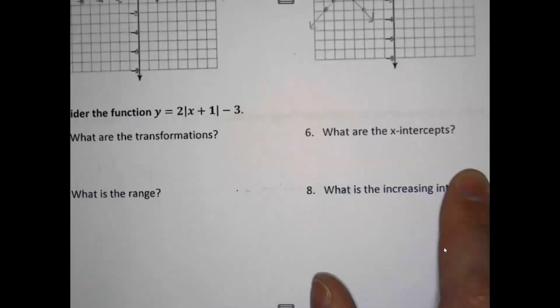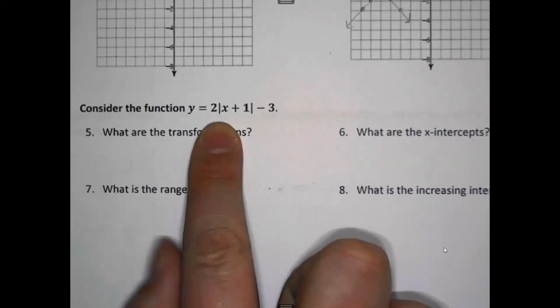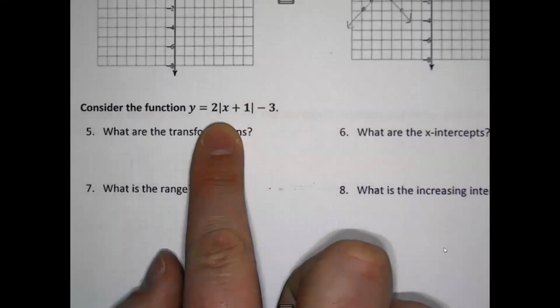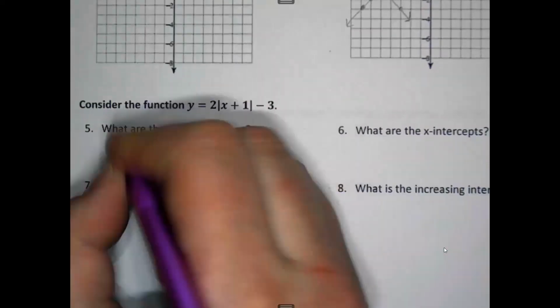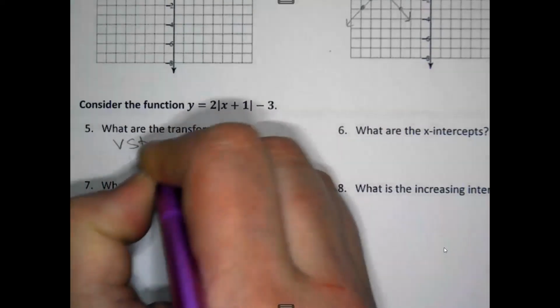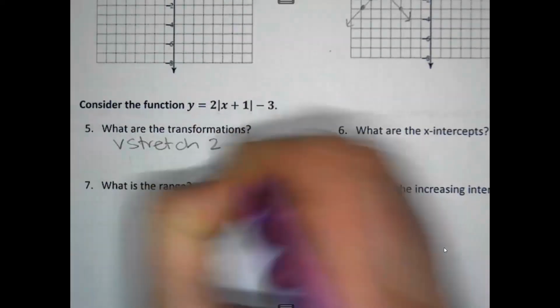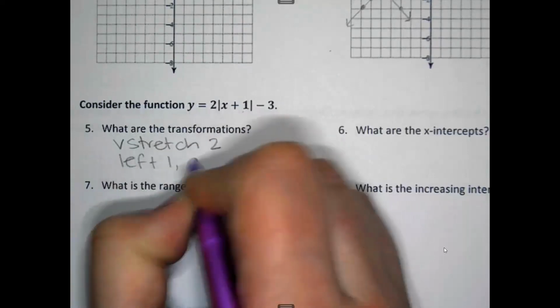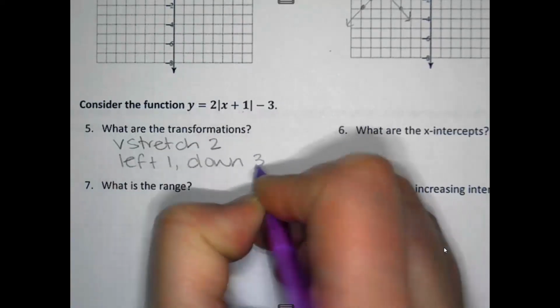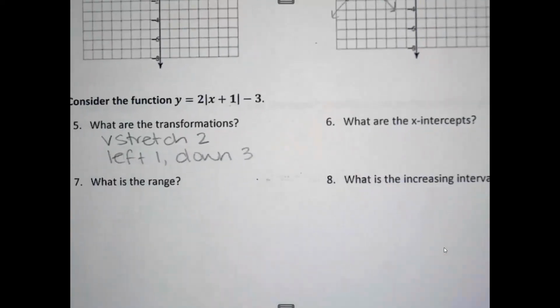So first it says, what are the transformations? What are they? Vertical stretch of 2, left 1, and down 3.